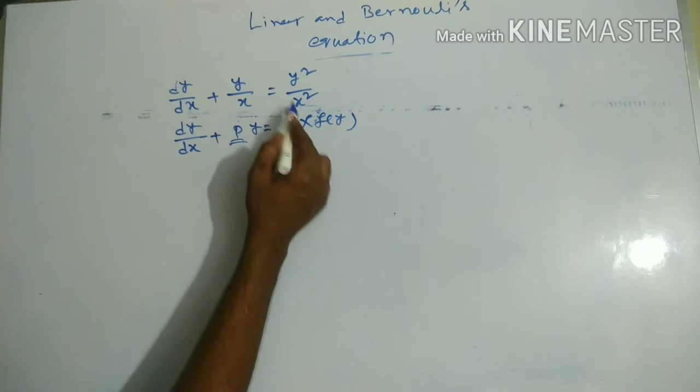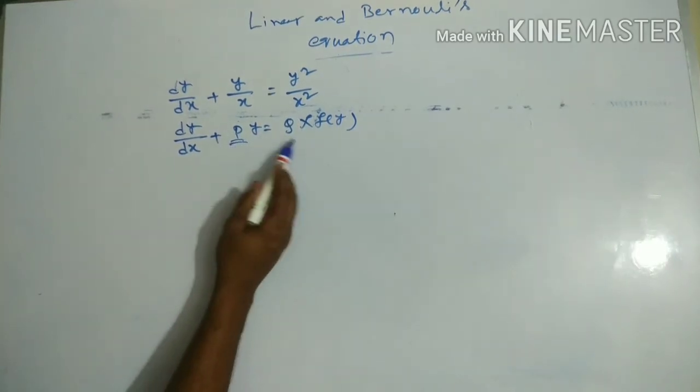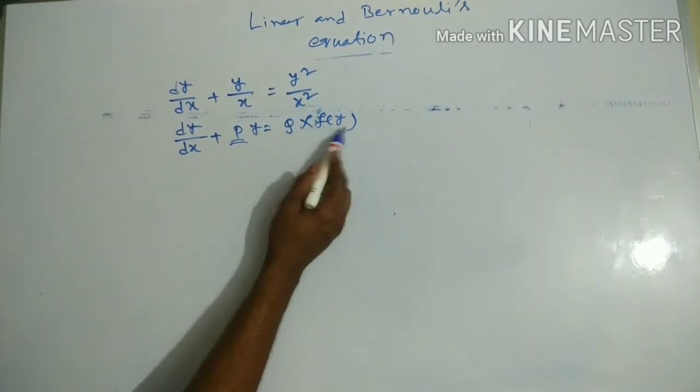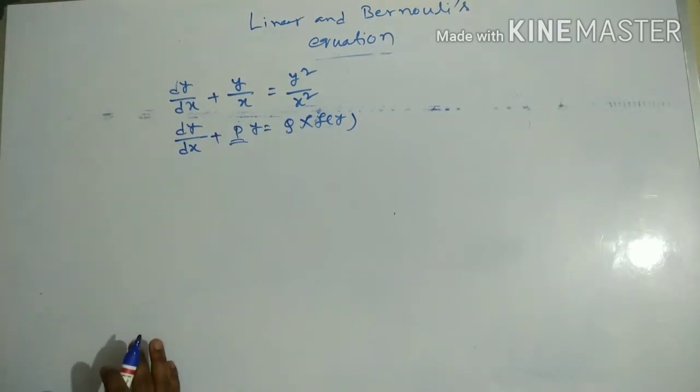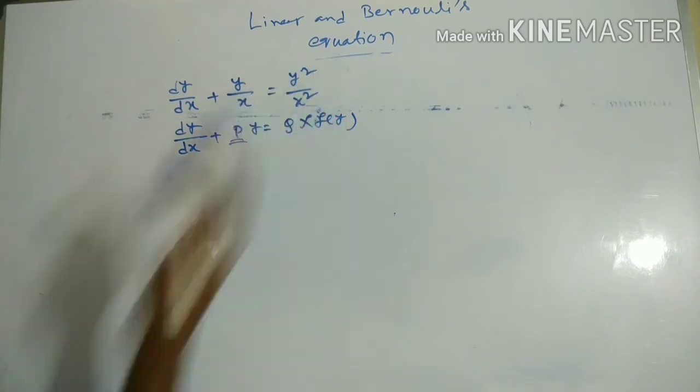Q is 1/x squared. P and Q both are functions of x and f(y) is y squared, which is multiplied by Q. So this is a Bernoulli equation. So we have to first convert this Bernoulli's equation into a linear equation. For that, the first step is to divide the equation by this function of y, that is here y squared.